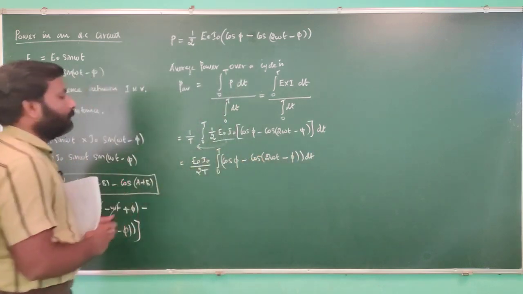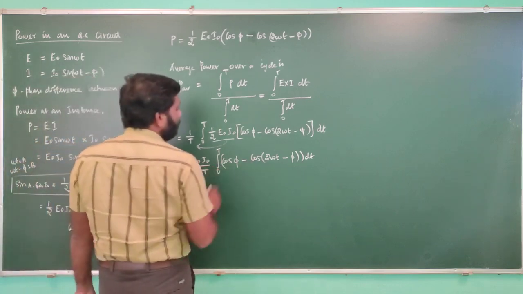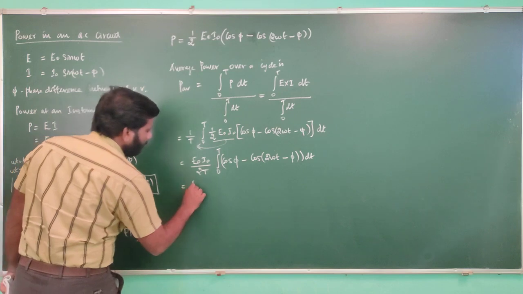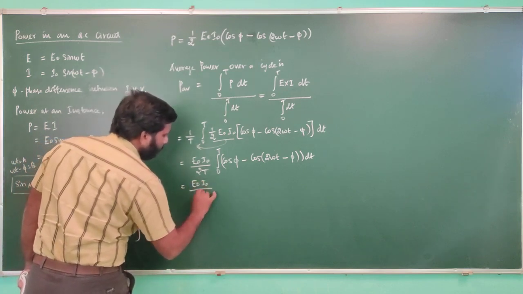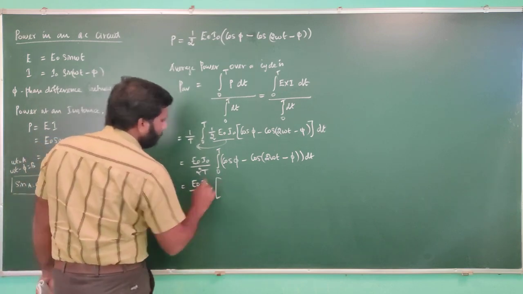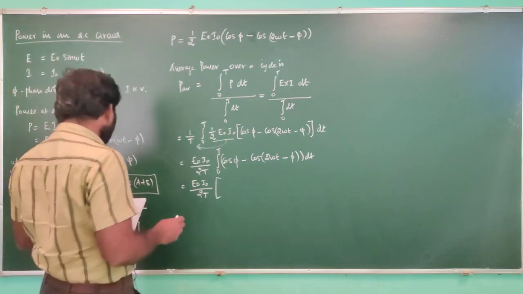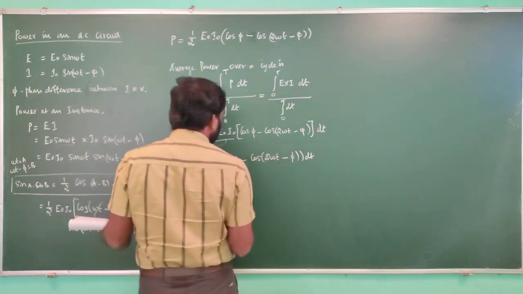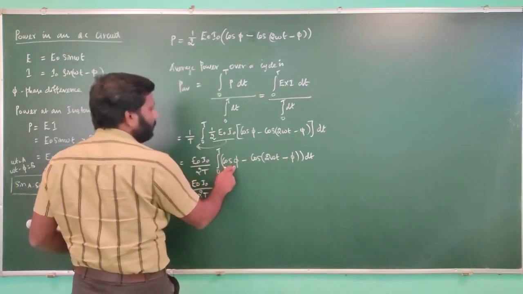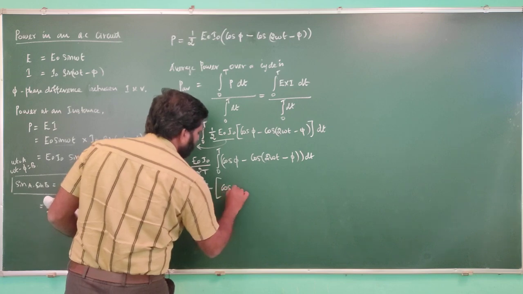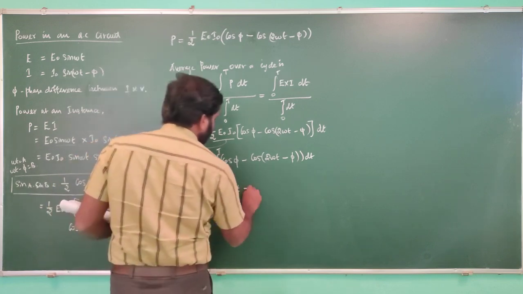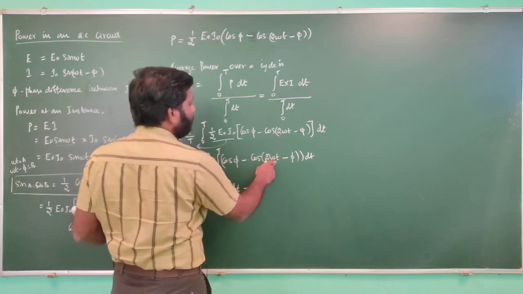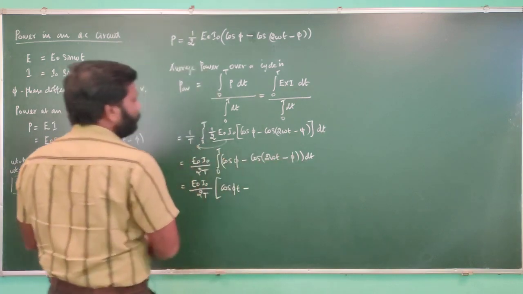Now we have to integrate cos pi and cos 2 omega t minus pi separately. Cos pi is a constant, so that becomes cos pi times t, minus the integral of cos 2 omega t minus pi.